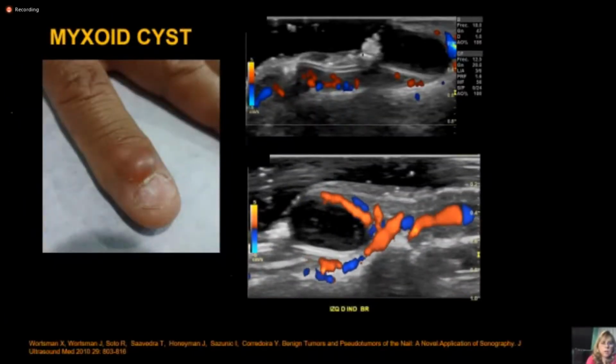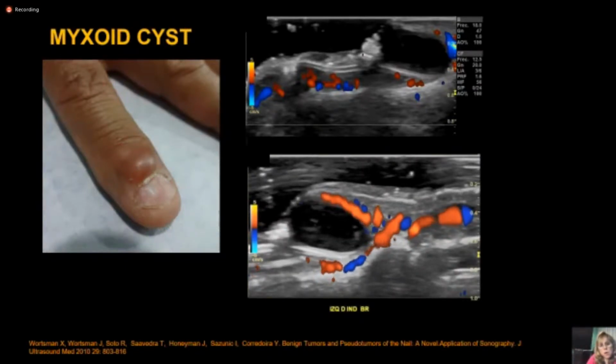Another lesion that could be studied in ultrasound is the myxoid cyst. This cyst usually produces a lump in the proximal part of the periungual region, and it shows on ultrasound as an anechoic oval-shaped structure in the dermis.